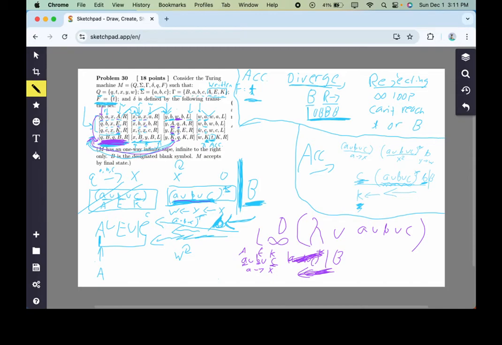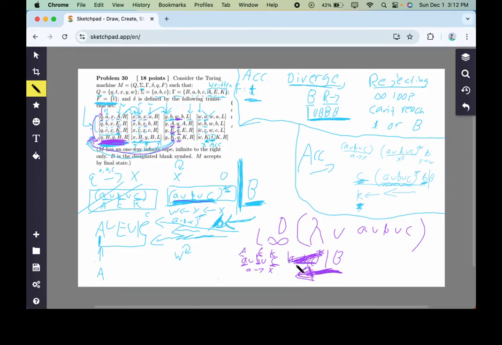Because of that, if I look at any character that's not an A, an E, or a K, I cannot go back to state Q, and state Q is the only one that I can diverge in because it has a capital B. This means the first character I look at from the left must be a capital A, E, K. The first A, B, or C that came from Q. This is because it needs to be the first character that I look at from the left.